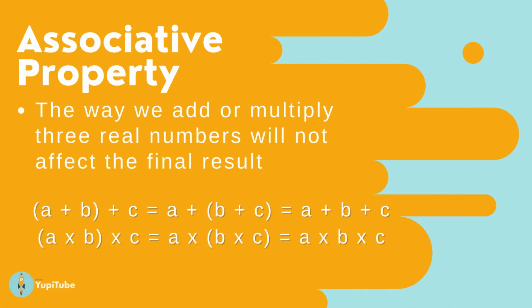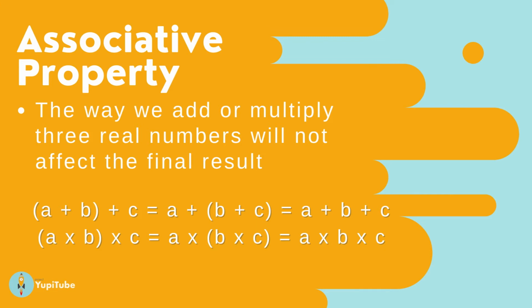Associative property. The way we add or multiply three real numbers will not affect the final result. It is written in the form open parenthesis a plus b close parenthesis plus c is equal to a plus open parenthesis b plus c close parenthesis is equal to a plus b plus c.